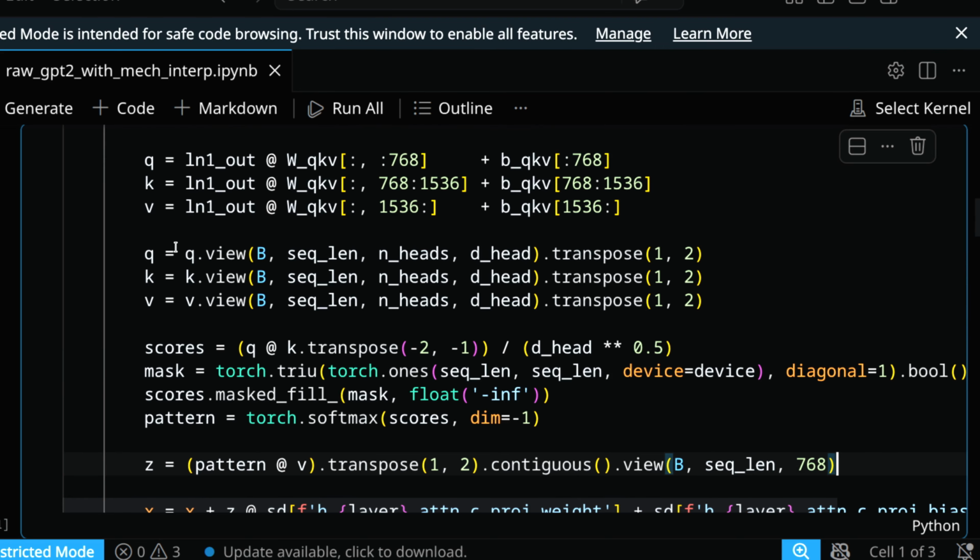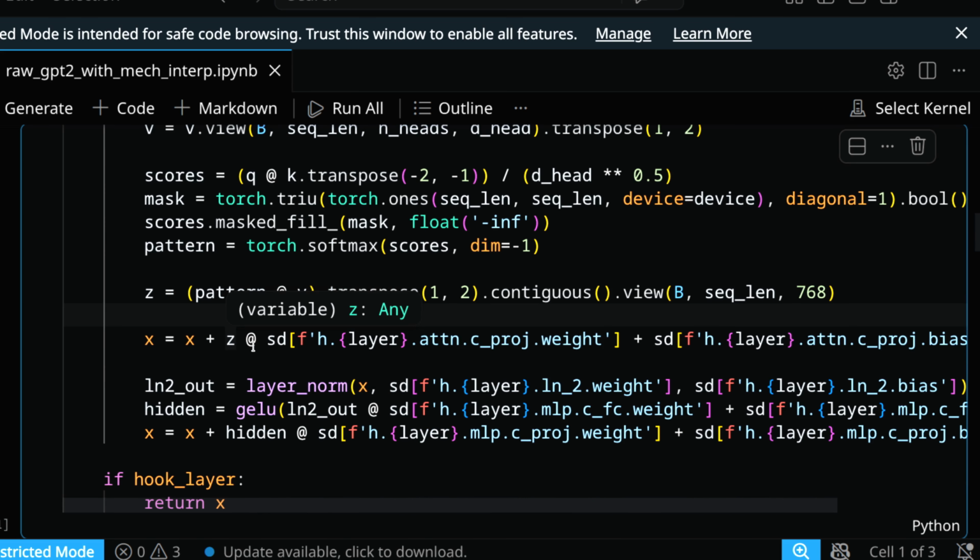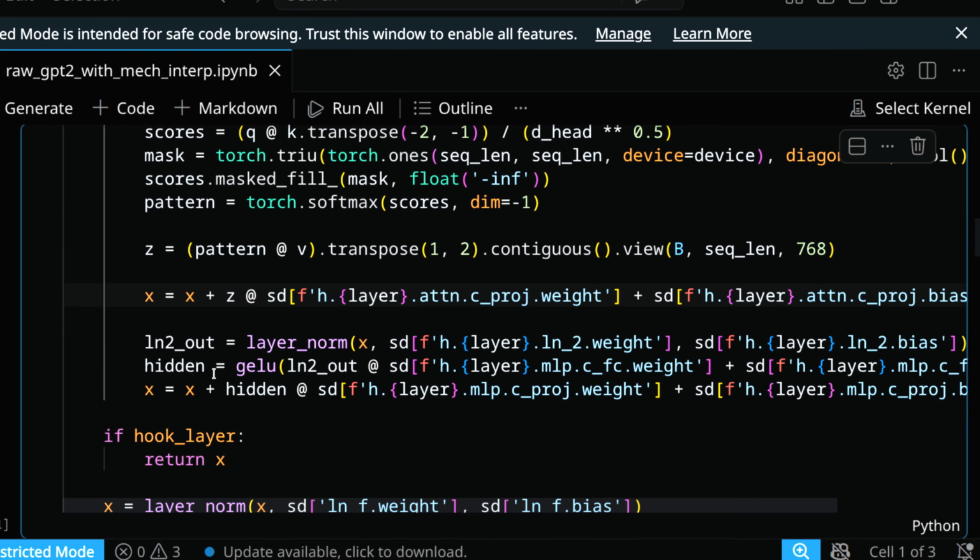Because remember, when it broke apart into attention heads, it was like breaking apart into smaller chunks to process different concepts. Right here is where it connects everything back together again. So then it goes down here, and this part right here is the residual connection, which in the back propagation, whenever it's learning, helps prevent what's called vanishing gradients. And that's some other topic currently.